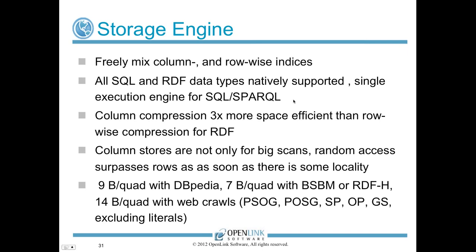So row-wise compression is 3 times better than no compression at all. Column-wise compression is 3 times better than row-wise compression, so making it 9 times or 10 times better than no compression at all. And this is what we hear in the marketing material of lots of other column stores. Vertica, for example, has been promoting this.